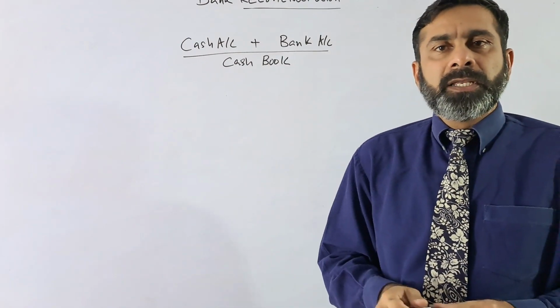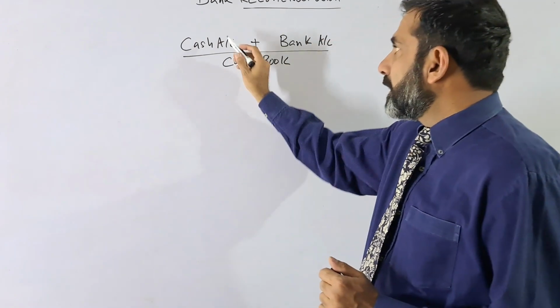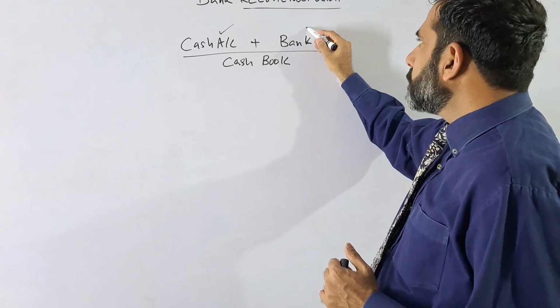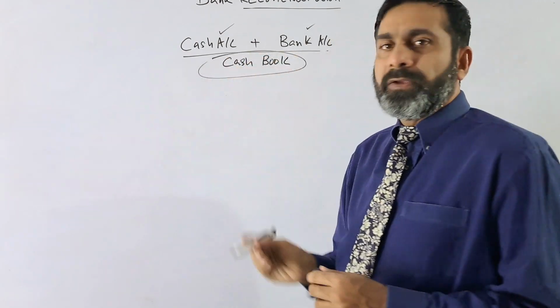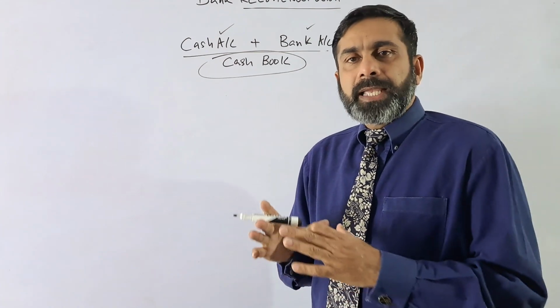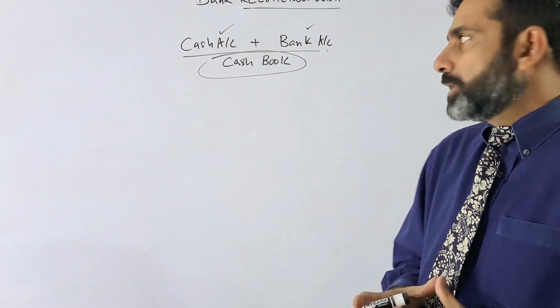Yesterday we discussed the cash book with two columns, a cash in hand account column and a cash at bank account column. If we combine these two, we have the cash book, where all the transactions related to cash at bank are there: how much is the receipt, how much is the payments.